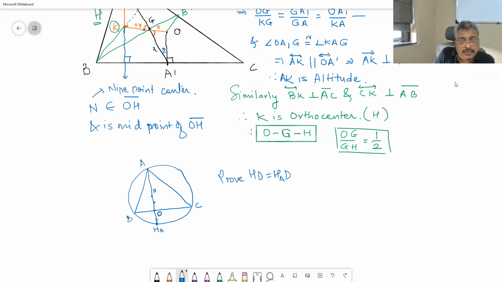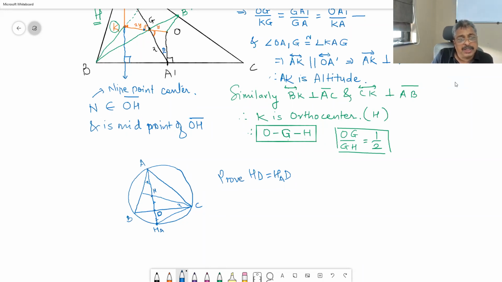Quickly, if you join this and if you join this, you should be able to prove it. We know that this angle is x and this angle is x by the orthic configuration.